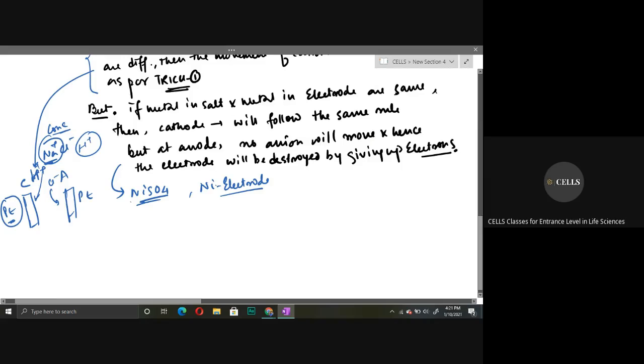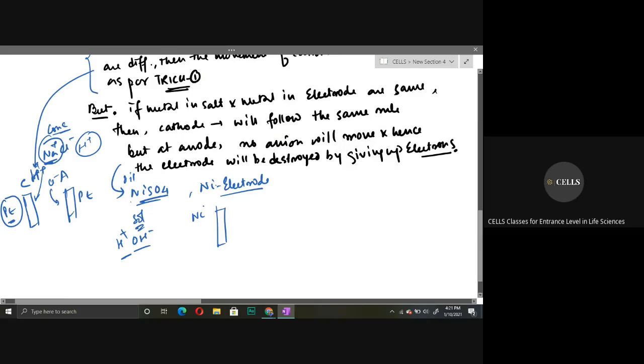No problem. Suppose you have a dilute NiSO4 solution, it means we also have H plus and OH minus. Now see this very carefully. Here the cathode is made up of nickel.